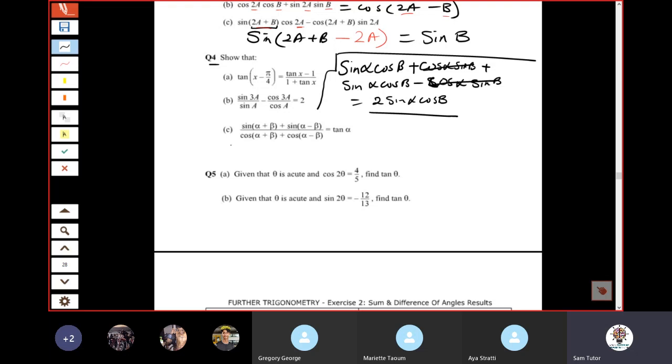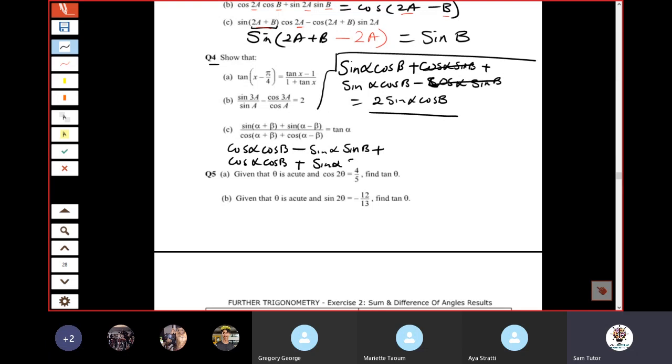Denominator is going to become cos alpha cos beta minus, changes, sine alpha sine beta, plus, do it again, cos alpha cos beta. It says minus, I've got to plus it.